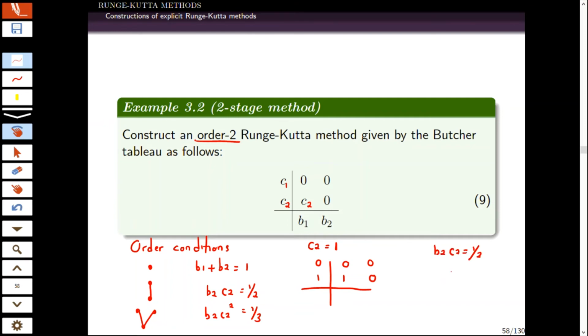So if C2 is 1, we have B2 equals to half. Now with this condition, if B2 is half, B1 is also half. So we can have a method called the trapezoidal rule.